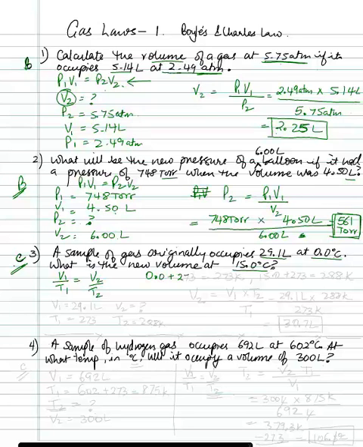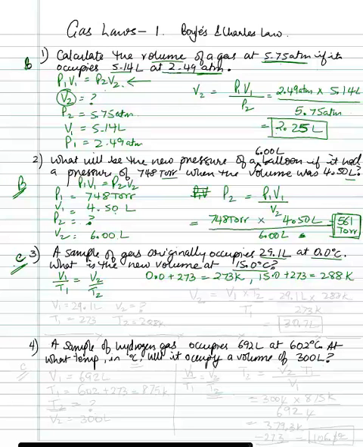If you work with zero, everything will be zero or infinity. So 0.0 plus 273, that's 273 Kelvin, and then 15.0 plus 273 gives us 288 Kelvin. Once you've converted this to Kelvin, now we can work on finding out V1.